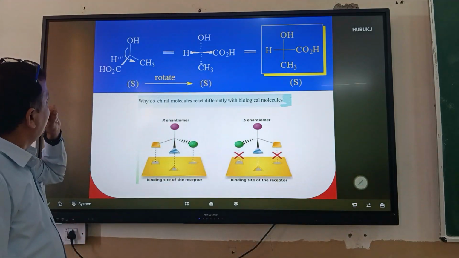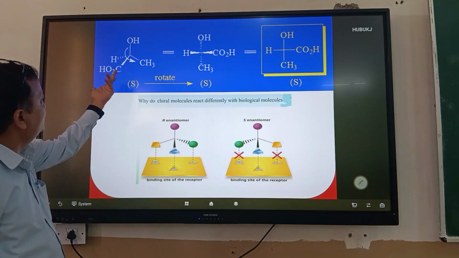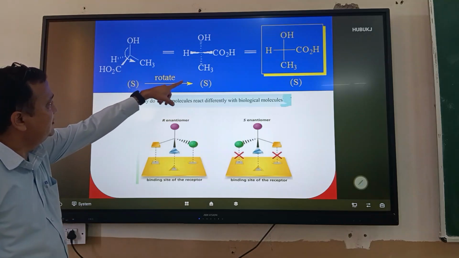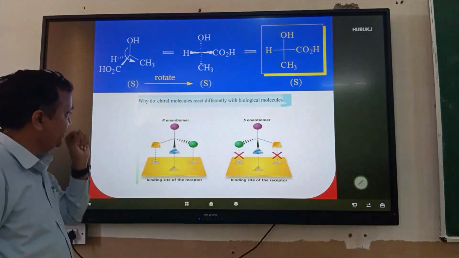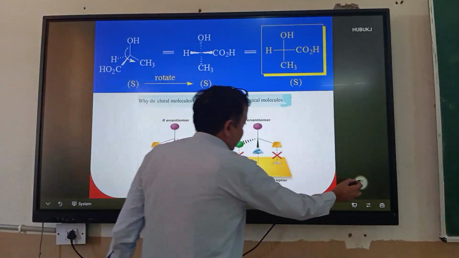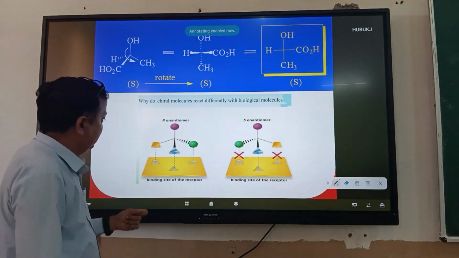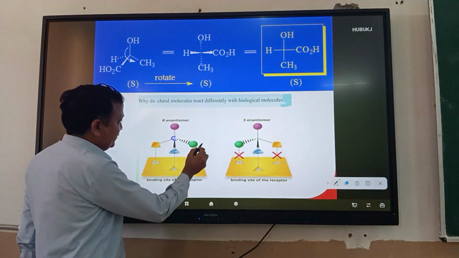So what is the biological importance of these molecules? You can convert this molecule into flying wedge; this is the Fischer projection. What is the biological importance of these two molecules? Here you can see a compound where the carbon is at the center, and each group is different.